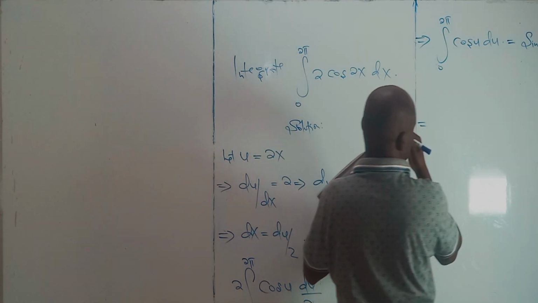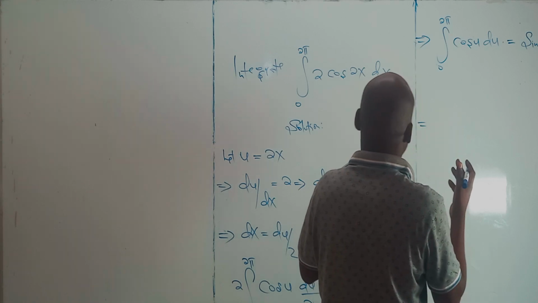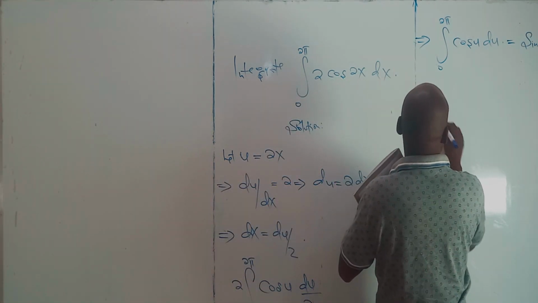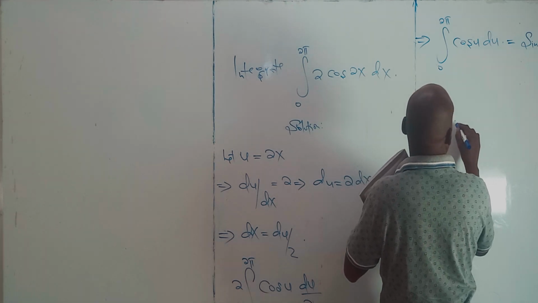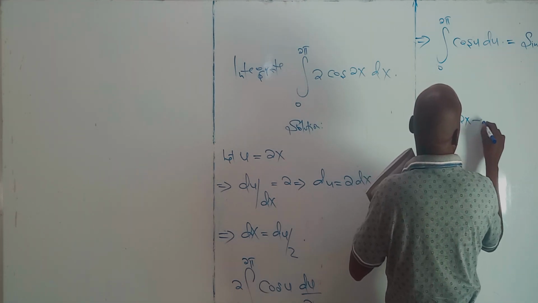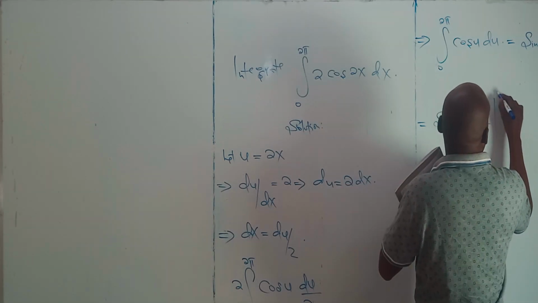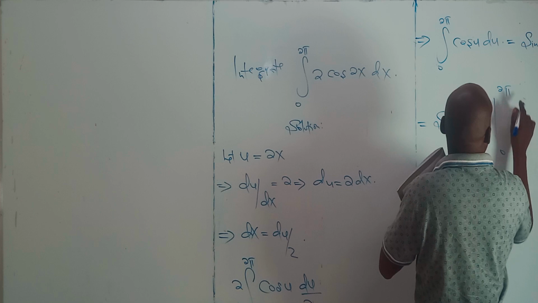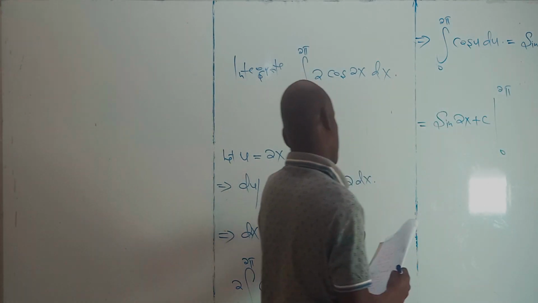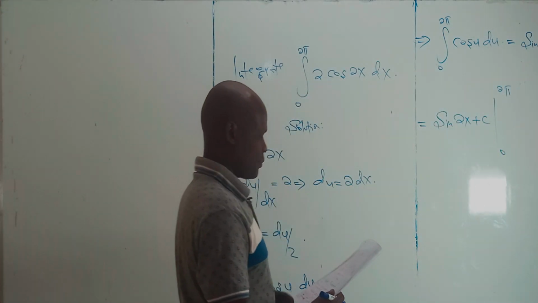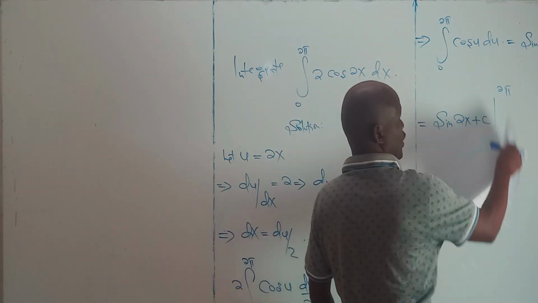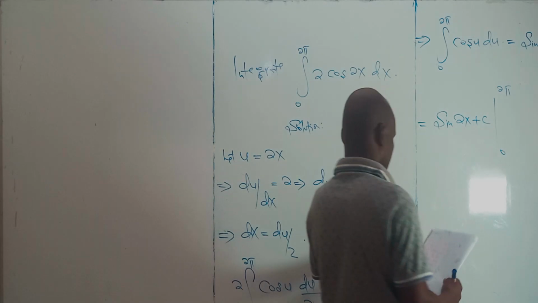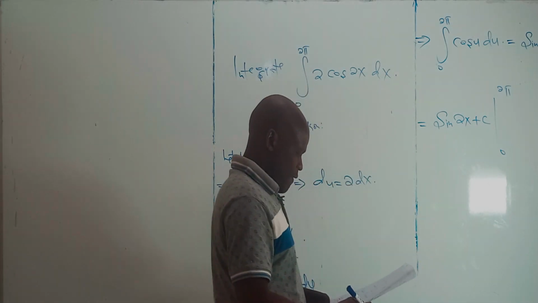And that gives us, but what was u? u was 2x. So I can as well say it's sin of 2x plus c, and we find it within the limits 0 to 2 pi.